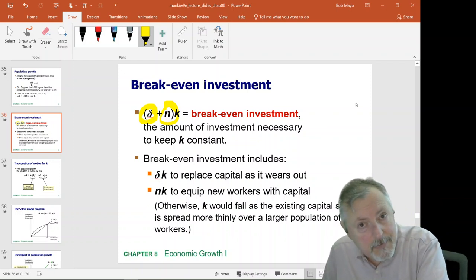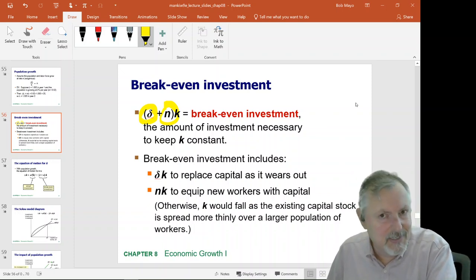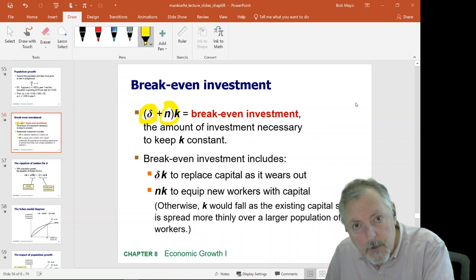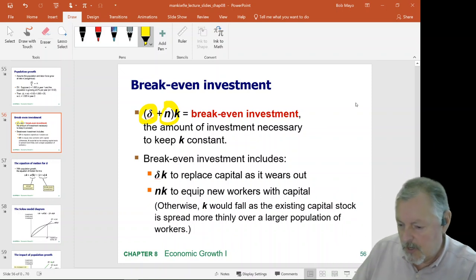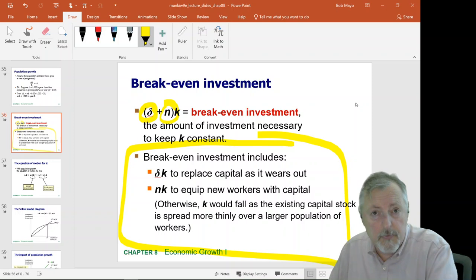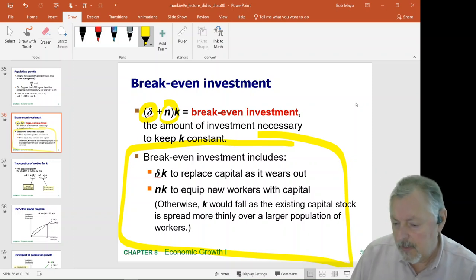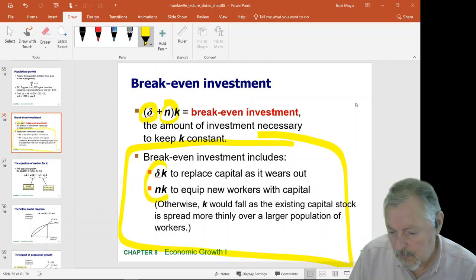Because if you don't, your capital per worker will drop. Not because you have less capital, but because you have more workers. So, if you allow for population growth, your steady state is now investment to replace both of those.